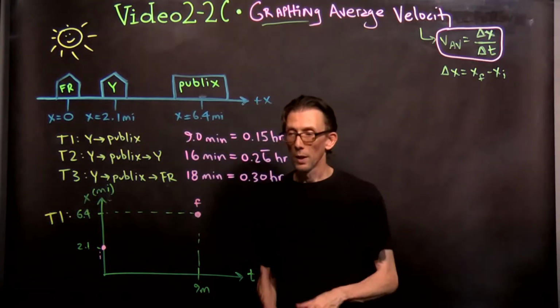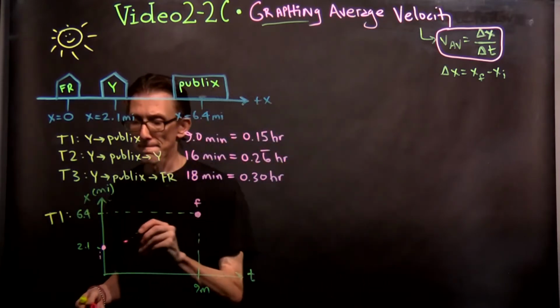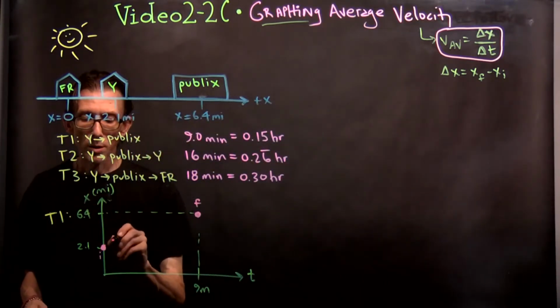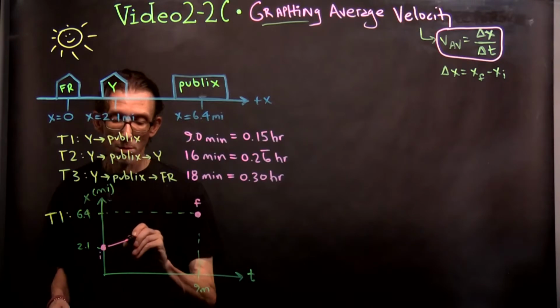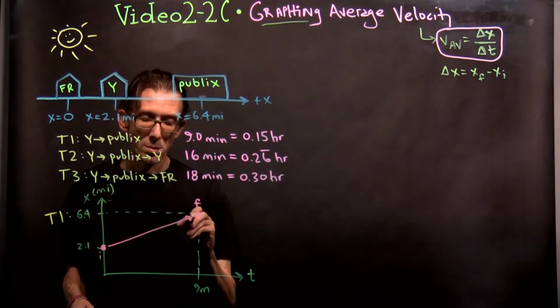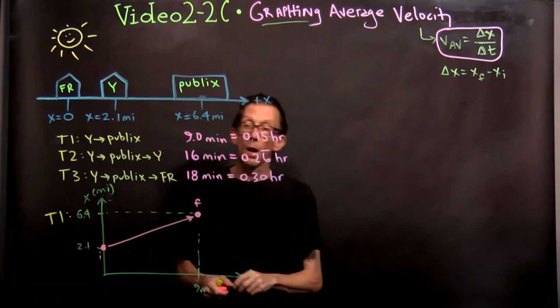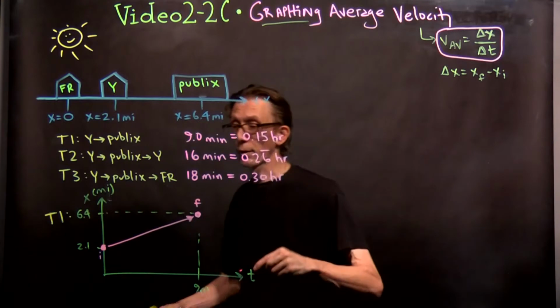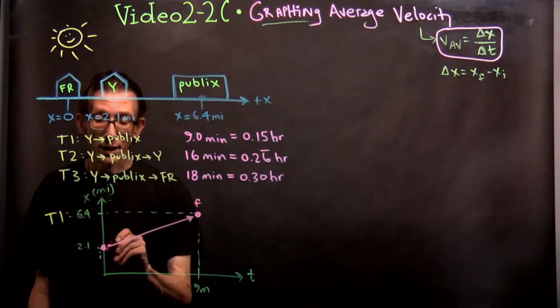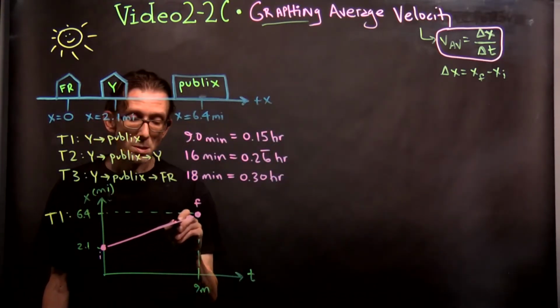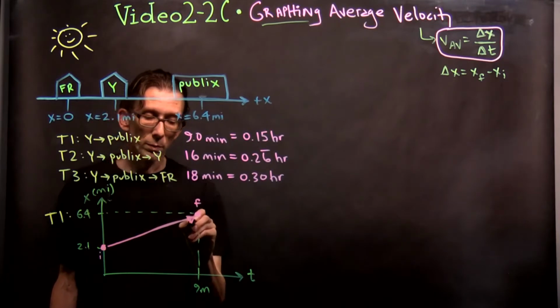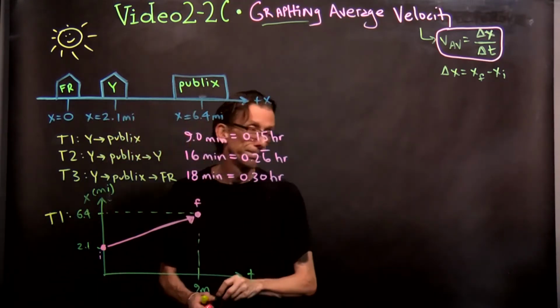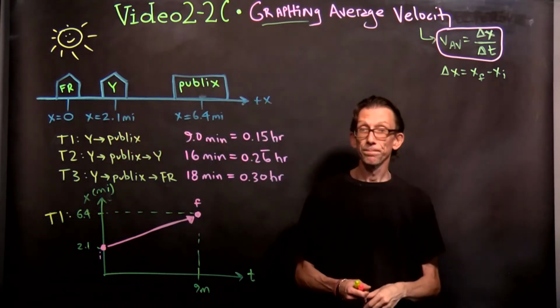Let's connect those with a line. So we went from here to there. We'll talk about the significance of this pink arrow in just a second, but for right now, I just want you to see that it connects your initial point with your final point on an xt plot. Okay?